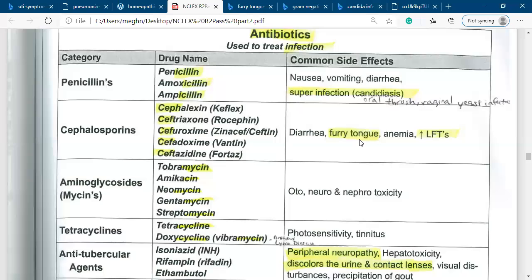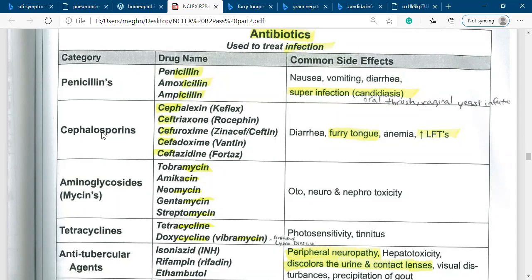What are the side effects of cephalosporin? Cephalosporin can cause GI upset, meaning diarrhea, nausea, vomiting. Same like penicillin, they also cause GI upset.